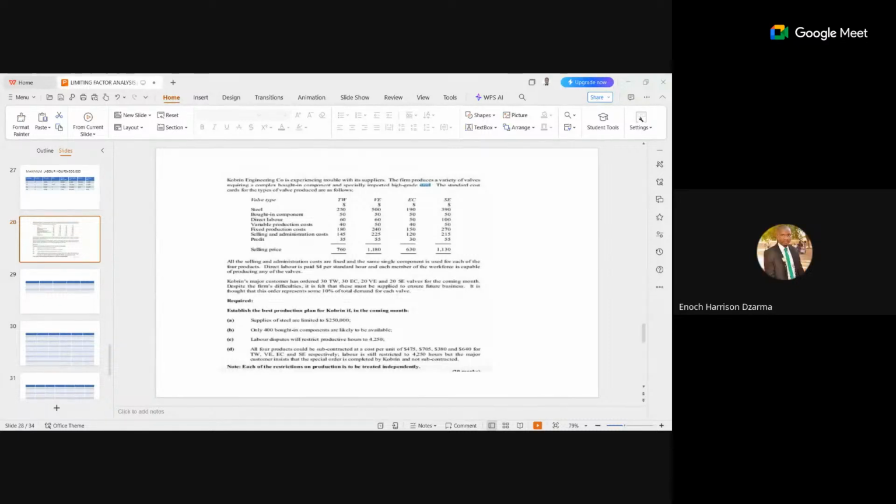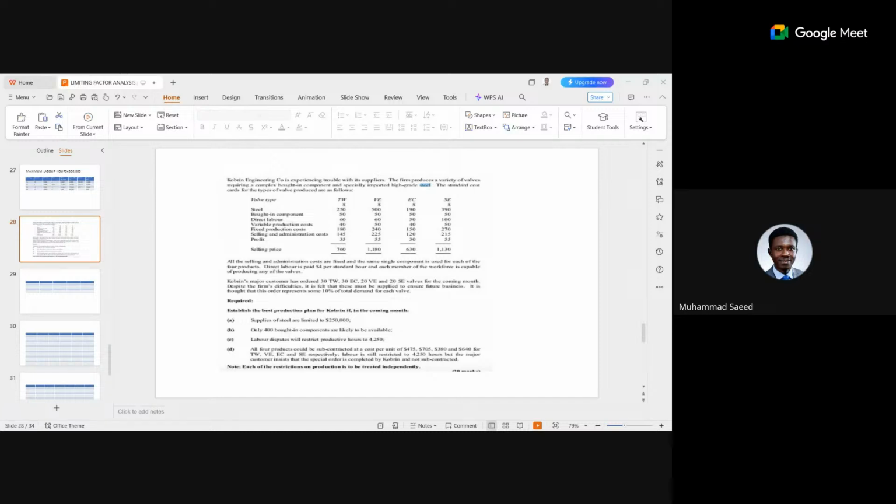D, all 4 products will be subcontracted at a cost per unit of $475, $705, $380, and $640 for TW, VE, EC, and SE respectively.